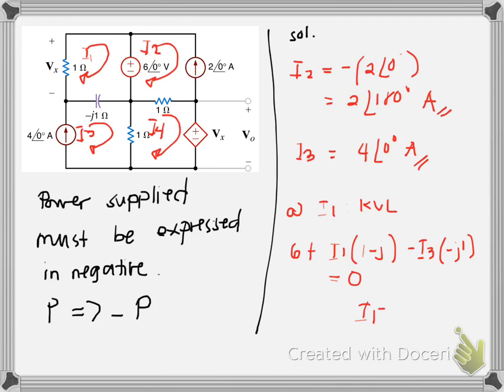So I1 is equal to 5.099 angle negative 101.31 amperes.